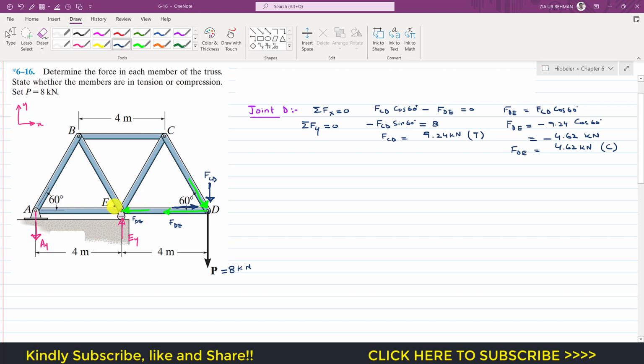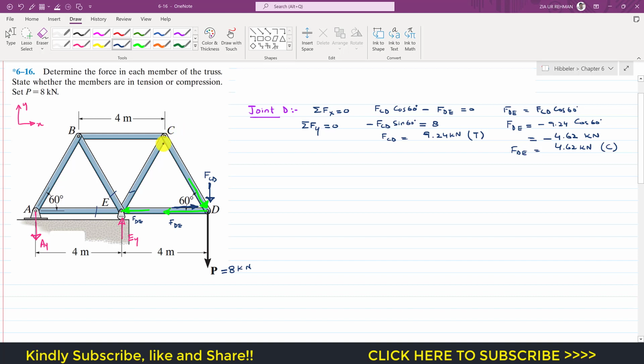So here at this joint E we have this member force as an unknown, this member force as an unknown, and this member force as an unknown. So we have three unknown forces, and we cannot solve it since we have only two equations. So we have to solve this joint C before proceeding.